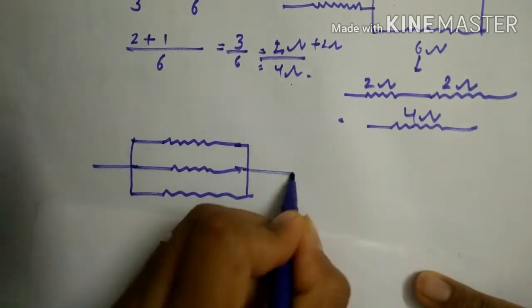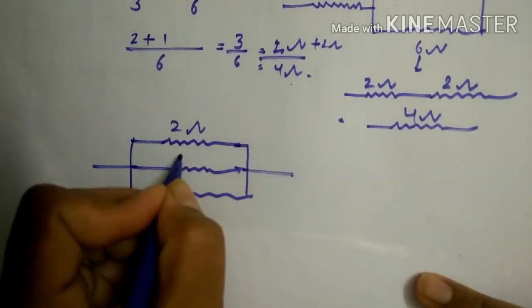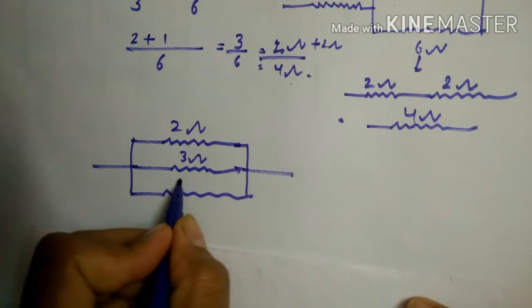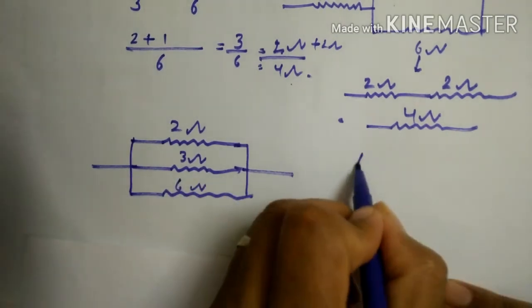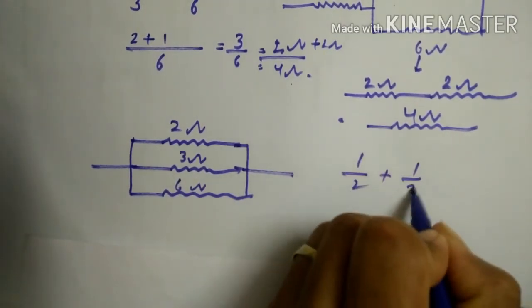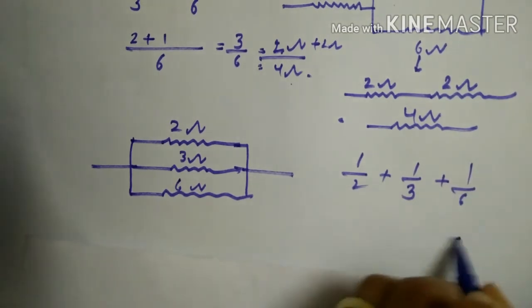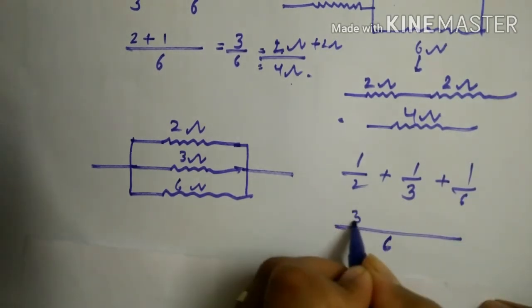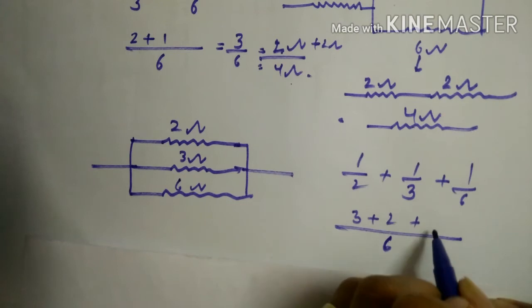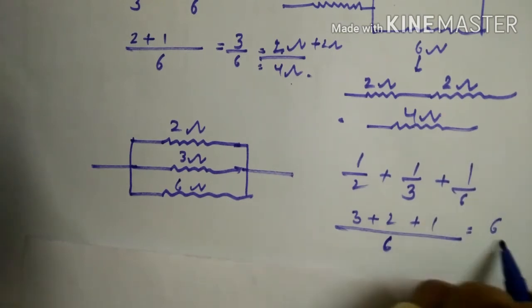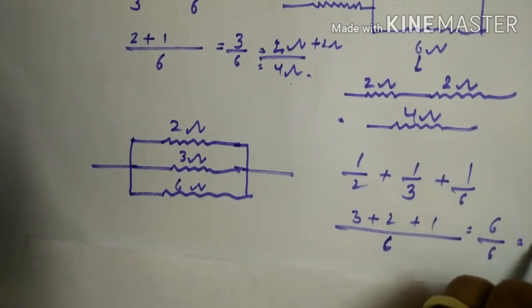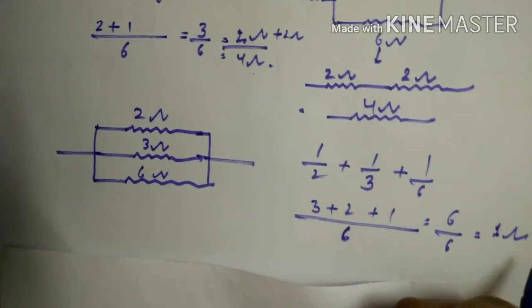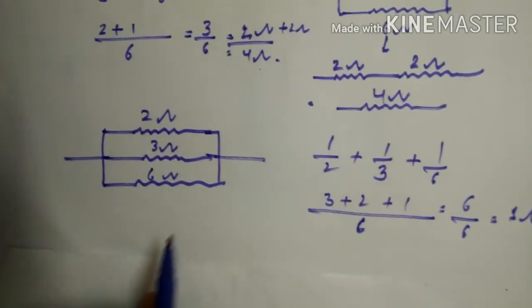Okay, these three in parallel combination: 2 ohm, 3 ohm and 6 ohm. So 1 upon 2, 1 upon 3, 1 upon 6. So we got the value of 1 ohm.